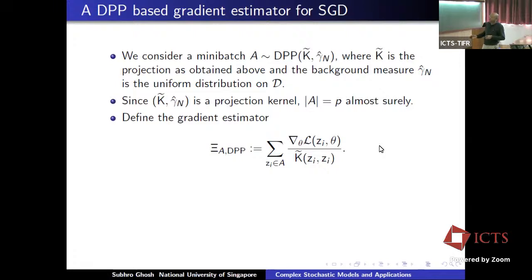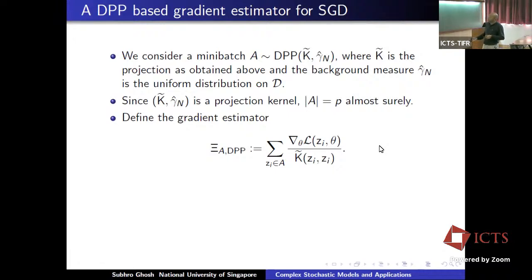So using the fact that this is a so-called linear statistic of the DPP, if you think of it, this is a linear combination, a function integrated against the empirical measure of the DPP, and it has a very nice structure. So for example, the Laplace transform of sigma A DPP has explicit determinantal formulas.